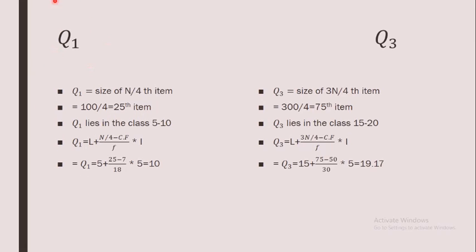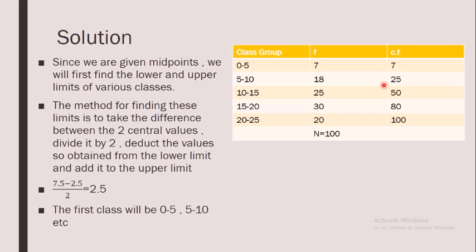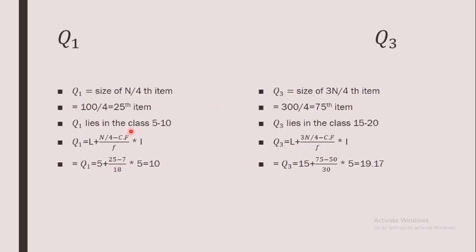Then you are asked to find the first quartile. Q1 is the size of the n by 4th item, that is 100 by 4, which gives the 25th item. This 25th item lies in the class 5 to 10, but do you know the value?